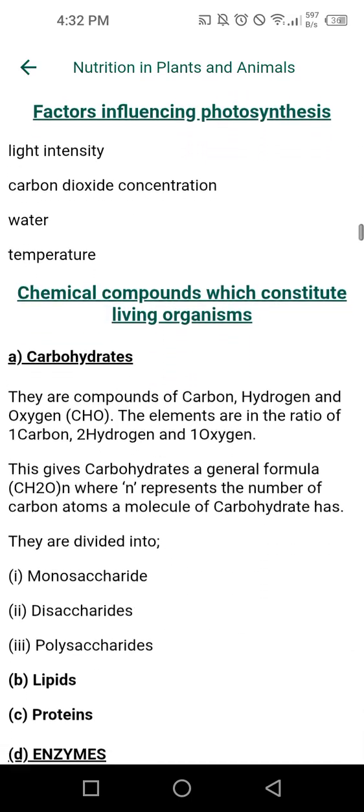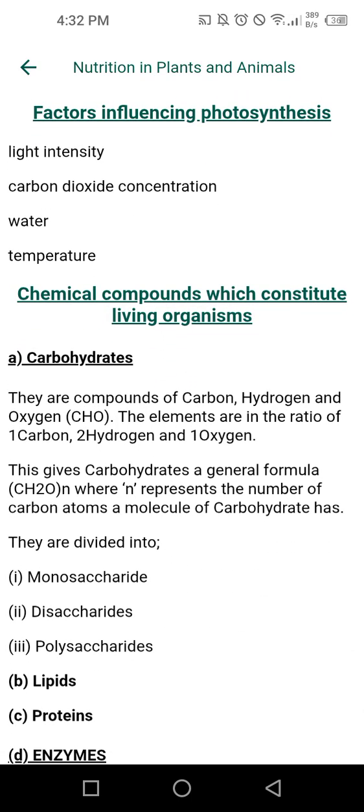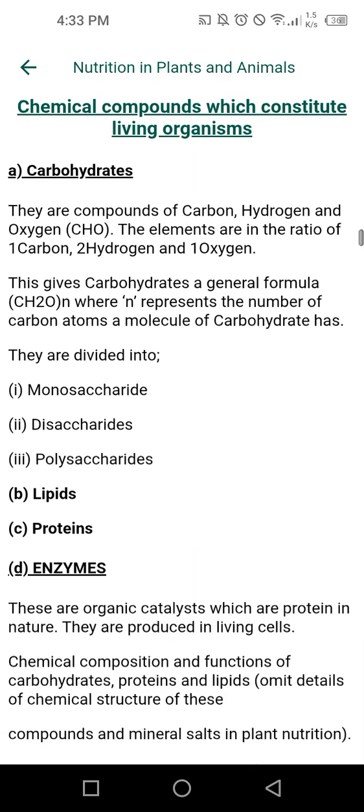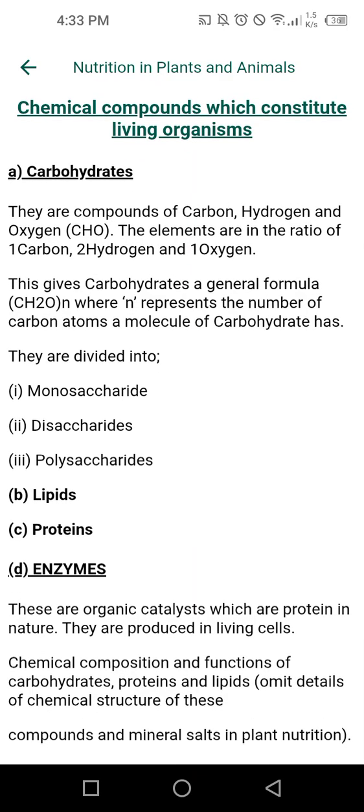Factors influencing photosynthesis: light intensity, carbon dioxide concentration, water, temperature. Chemical compounds which constitute living organisms. A. Carbohydrates. They are compounds of carbon, hydrogen, and oxygen, CHO. The elements are in the ratio of 1 carbon, 2 hydrogen, and 1 oxygen.